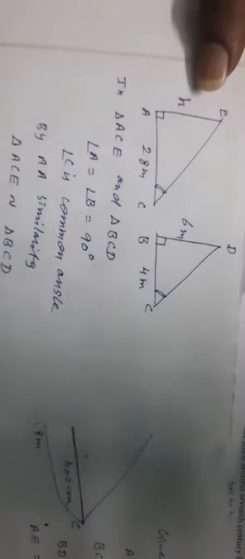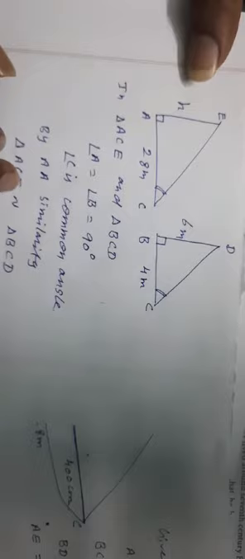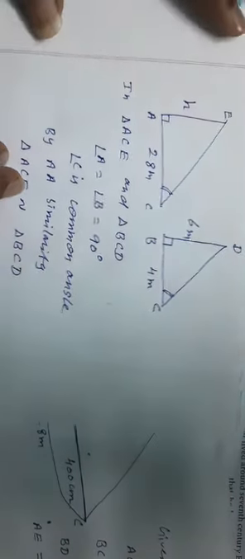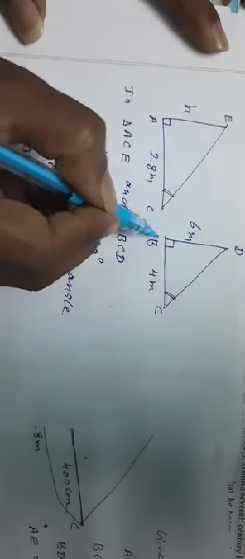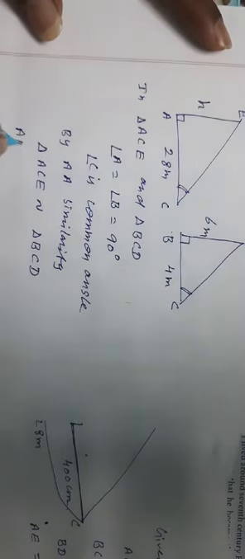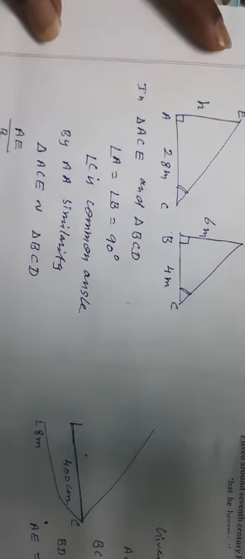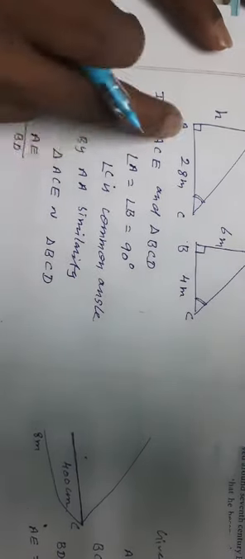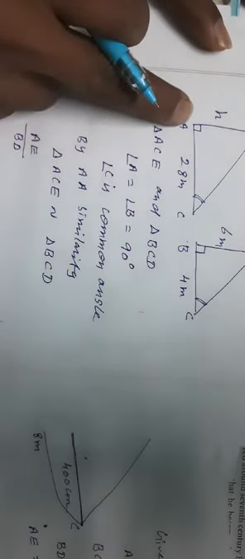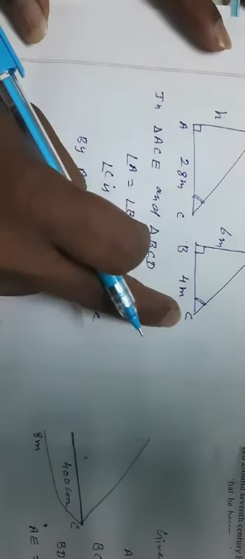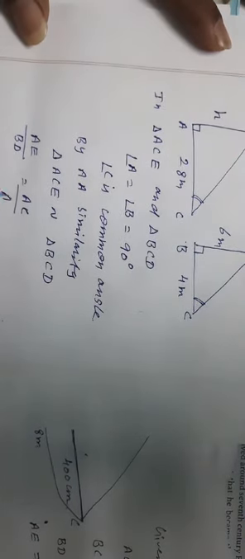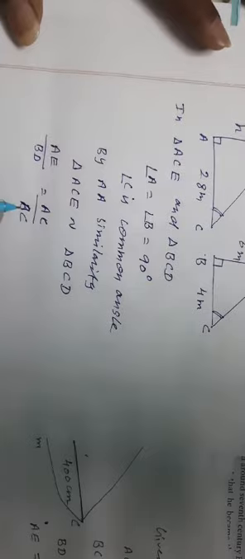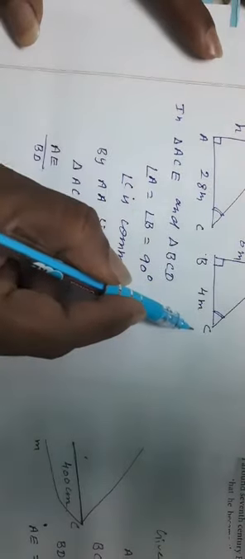The triangles are similar, so the ratios of the sides are equal. So we can use the ratios of sides. The first ratio is AE by BD. And the second one, AC by BC.